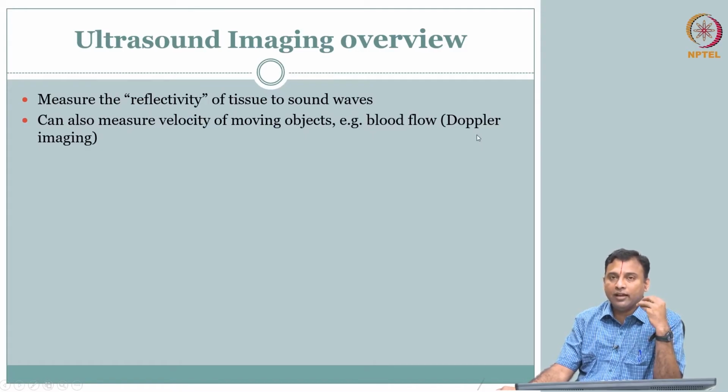We will cover an intro on the Doppler principle as well in the physics, but this is a unique aspect that we have not covered so far. Whatever we did in X-ray imaging and PET nuclear medicine, the two properties, both the structure or anatomical image that you are going to see in ultrasound and some of these like blood flow imaging or blood velocity imaging, are not really directly obtained in the modalities that we covered so far.